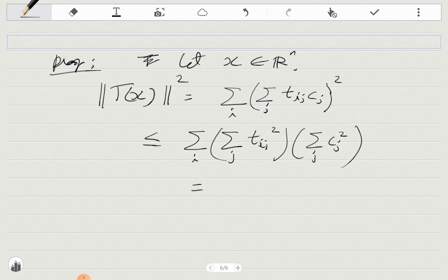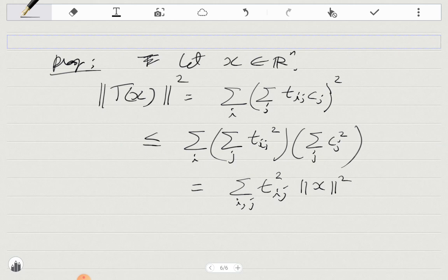which is, now this Tij squared, here I'll have to sum over i and j. Now observe that this sum of cj squared is just the norm of x squared, the Euclidean norm of x squared. By the way, I should be a bit careful here.